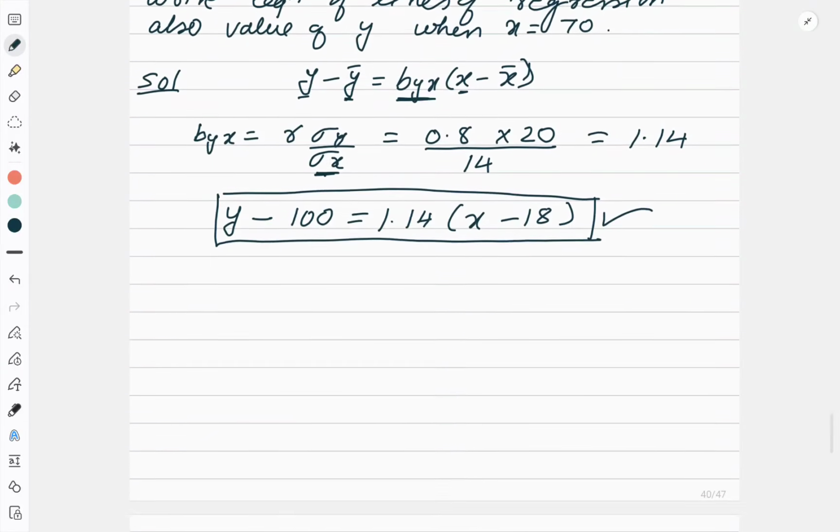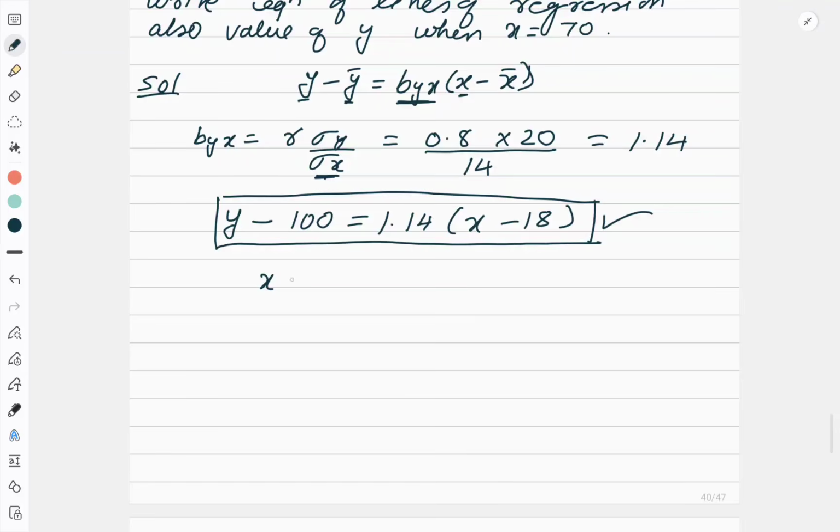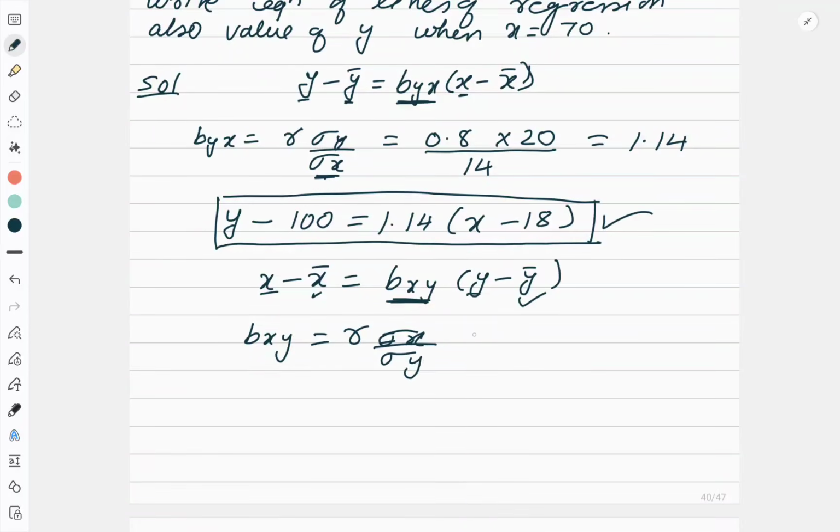Now let us find out second line of regression. Second line of regression is x minus x bar is equal to bxy, y minus y bar. Again, x is variable, y is variable, x bar is given, y bar is given. So I need to find out only this. So bxy is equal to r sigma x upon sigma y. R is 0.8.